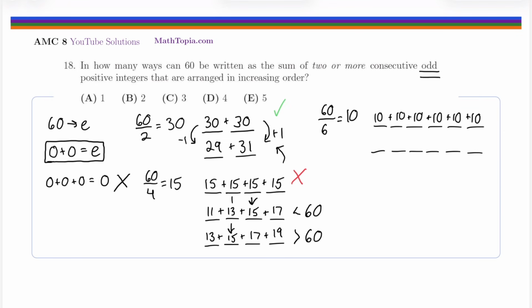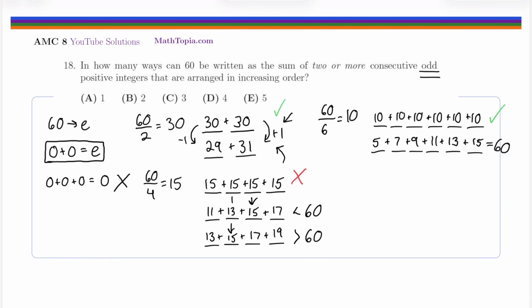Since 10 is an even number, it seems like we can use our balancing method as we did over here. 10 plus 1 is 11, 10 minus 1 is 9. Working off of that, we get 13 and 15, and 7 and 5. This, in fact, does give us a sum of 60, so this is a valid solution.